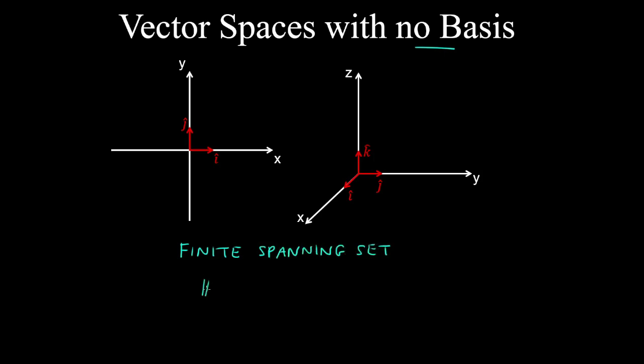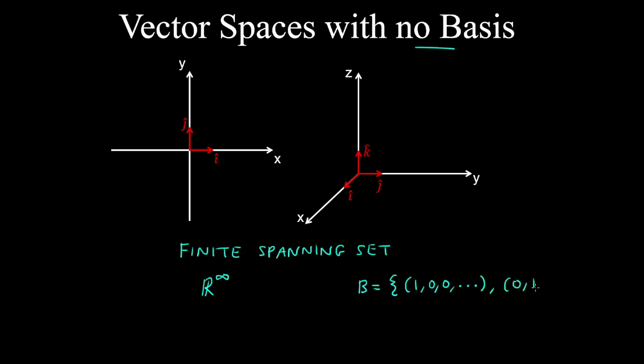And an example is R infinity. So suppose we have a finite spanning set of vectors with an infinite number of components, being 1, 0, 0, and so on with all zeros.